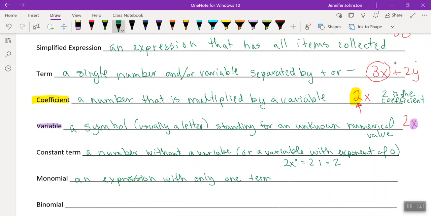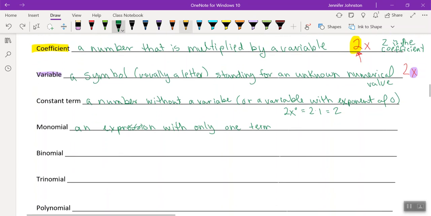So here we'd have two different terms, and if we only had the 3x here, that would be our monomial. It's only one expression. So pick your favorite number, for example 5x. There we go, that's one term. Or you can say something like 7y. It's only one term. There's no pluses or minuses.